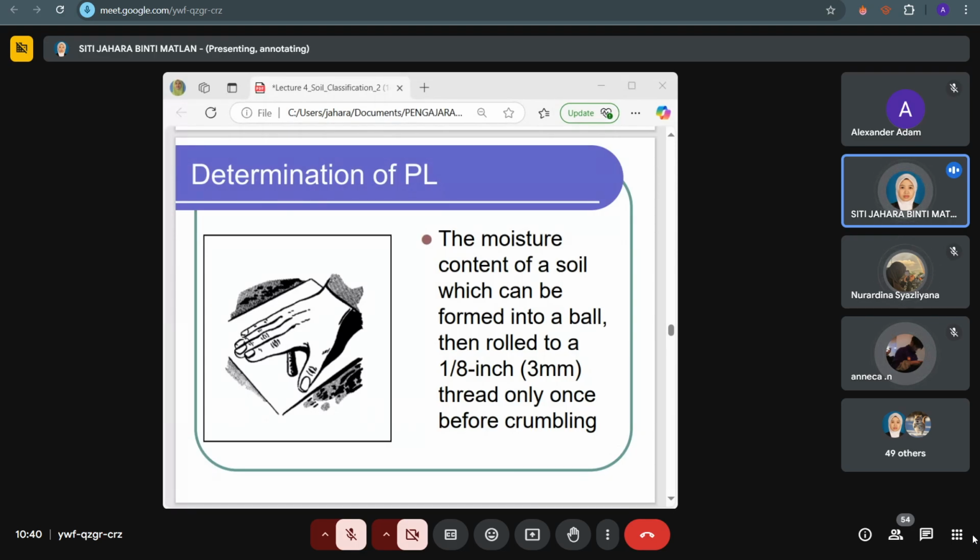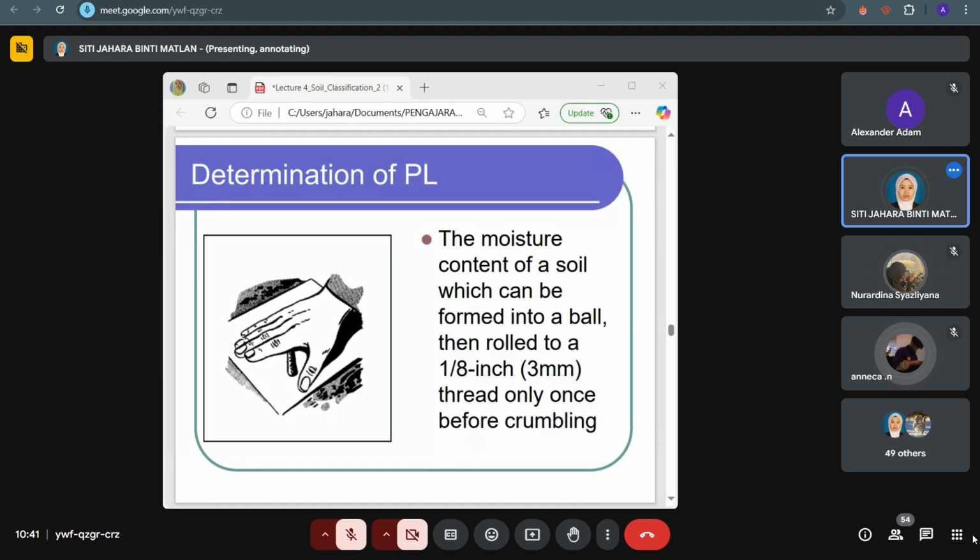So I repeat again how we can conduct this plastic limit test. We take a representative soil sample and thoroughly mix it with water to make it in moist condition.